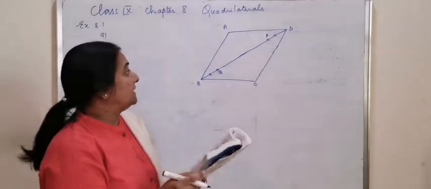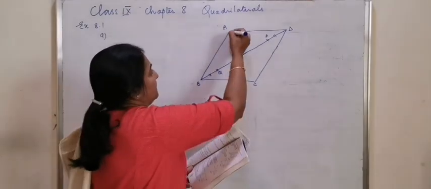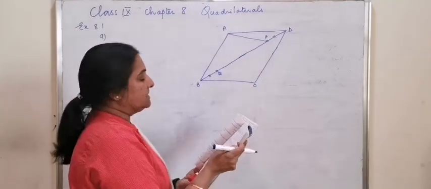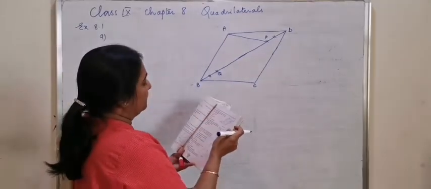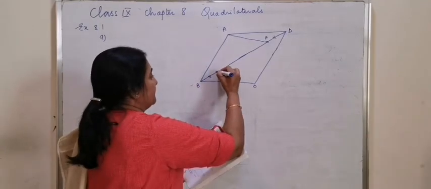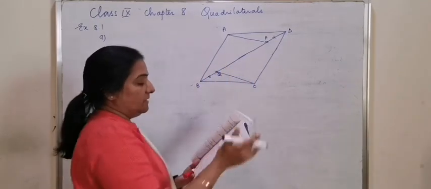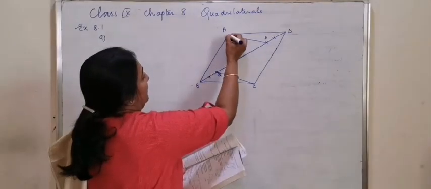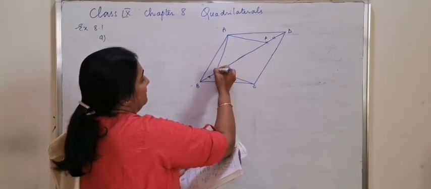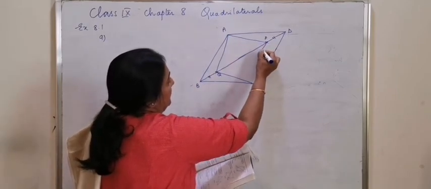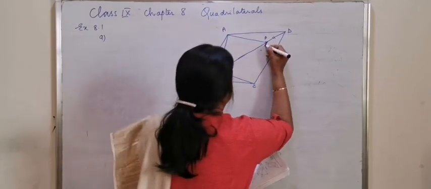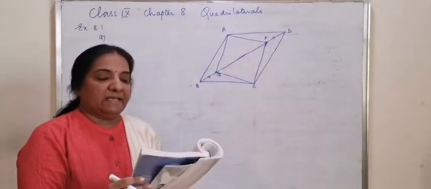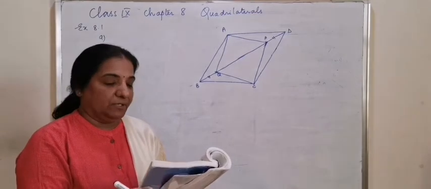Show that triangle APD and triangle CQB are congruent. The second pair: triangle AQB and triangle CPD are congruent. And hence you have to prove that APCQ is a parallelogram.